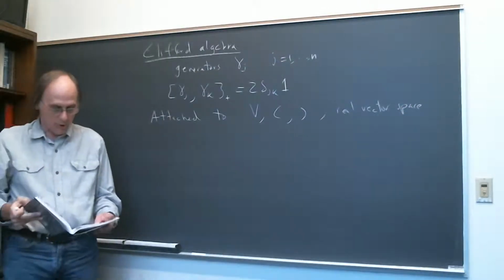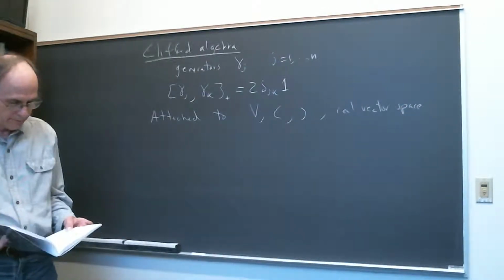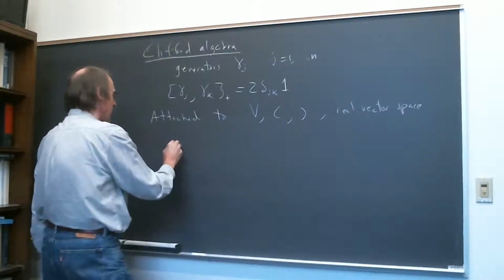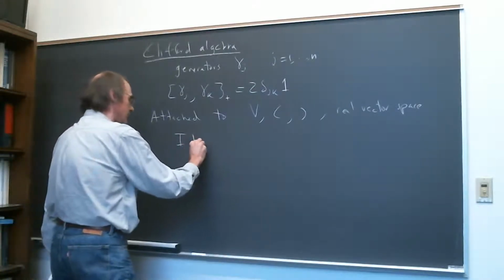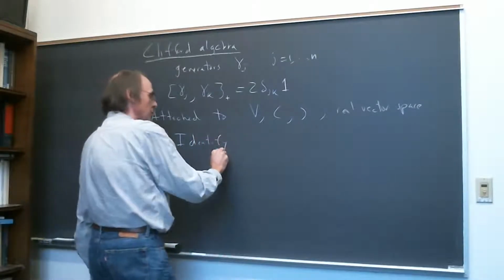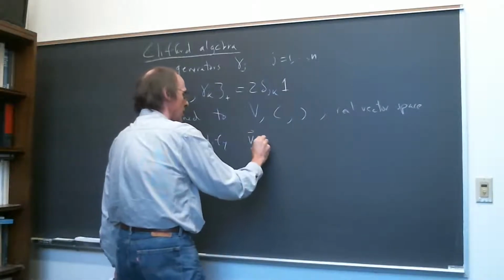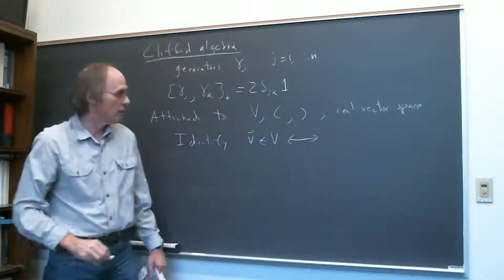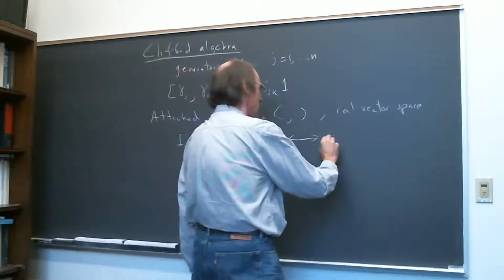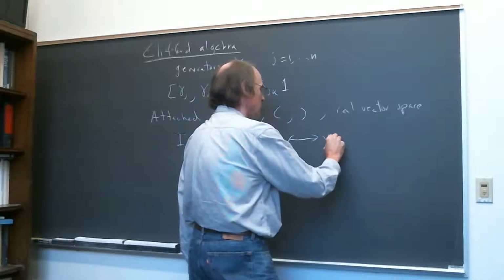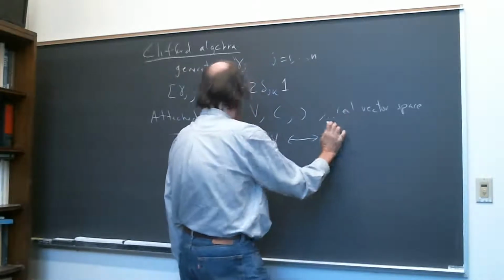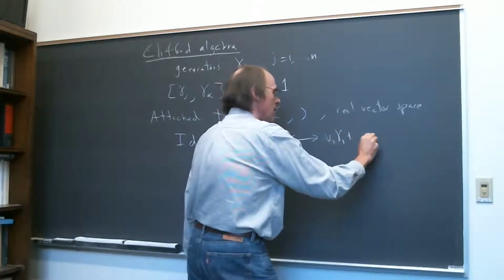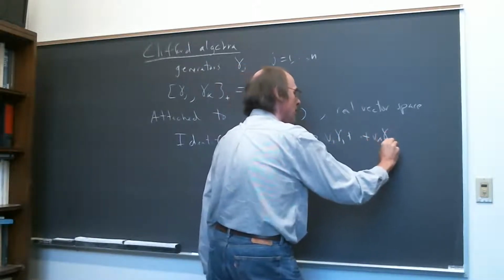And then what I showed was that you could identify vectors with Clifford algebra elements by taking the components: v is equal to v1 gamma 1 through vn gamma n.